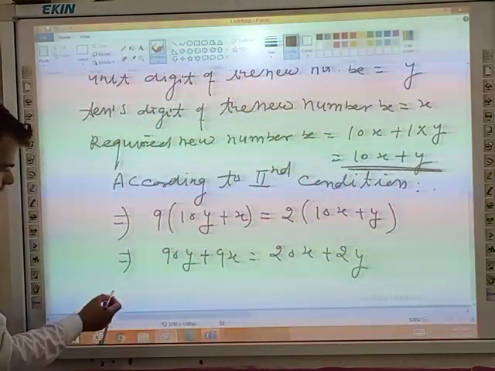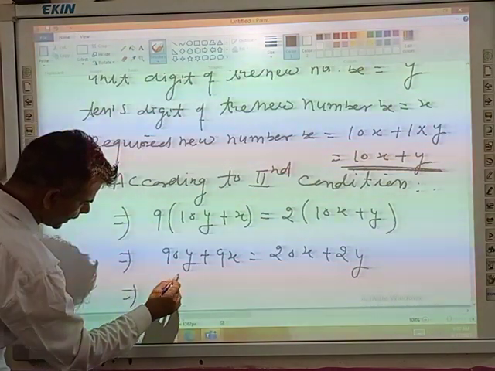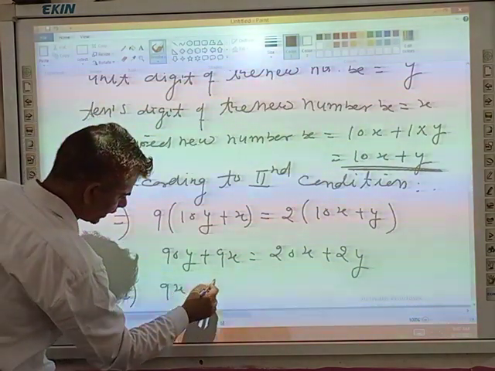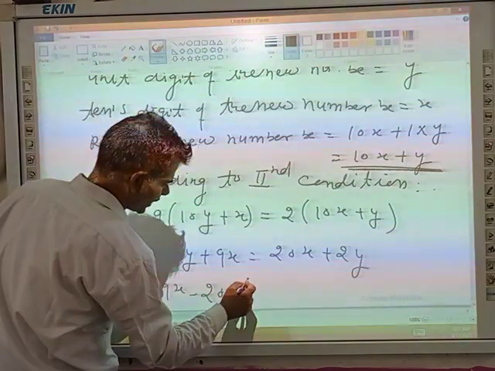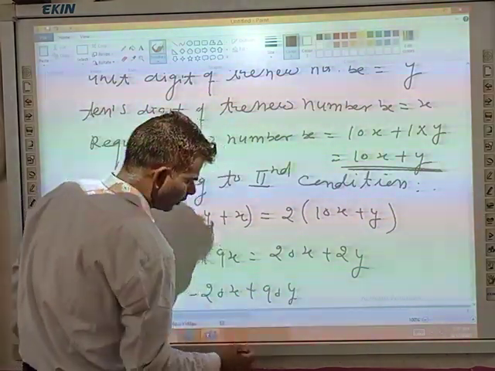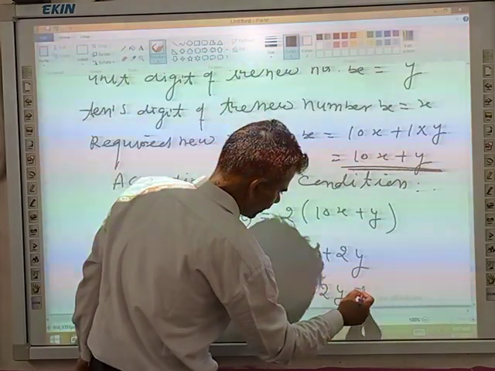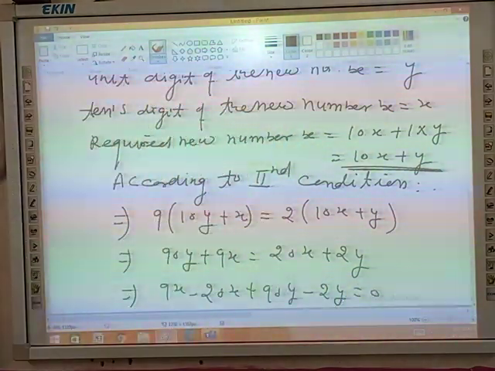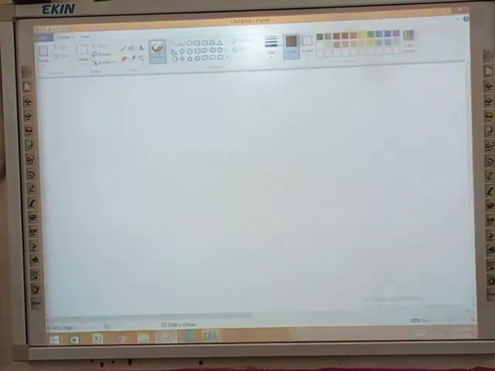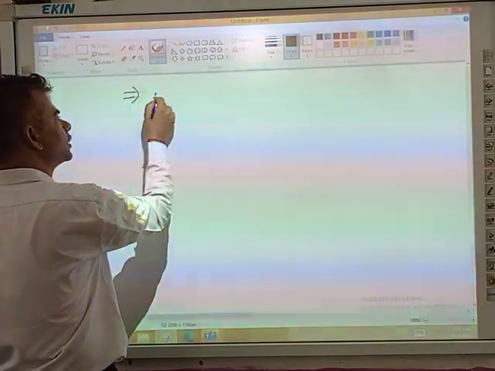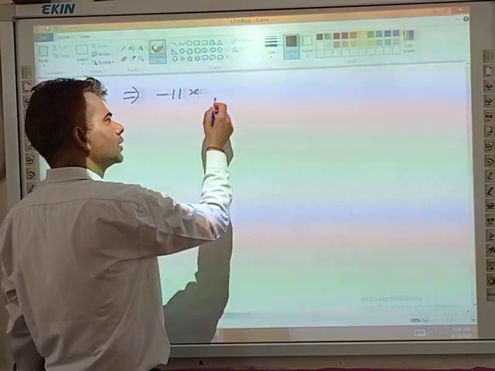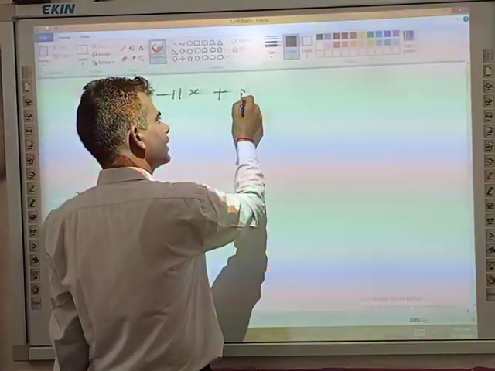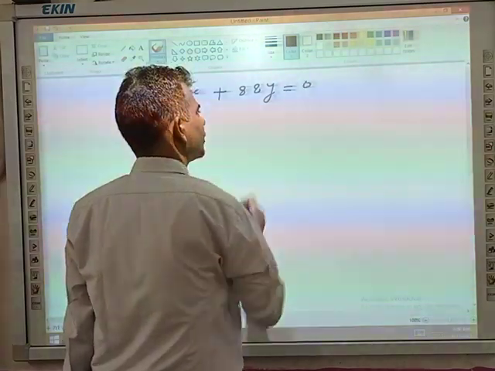Now rearrange the equation: 9x minus 20x plus 90y minus 2y equals 0. That gives minus 11x plus 88y equals 0.